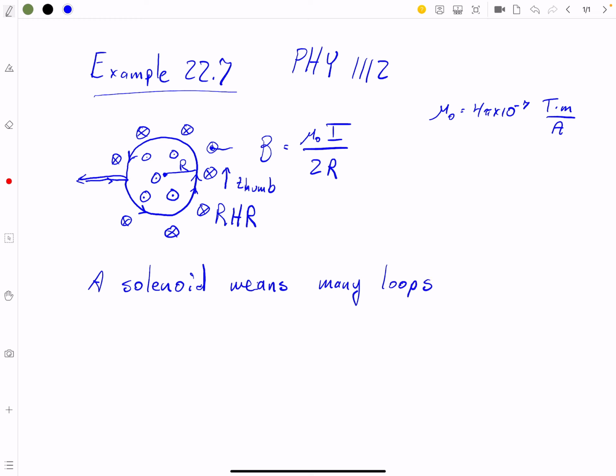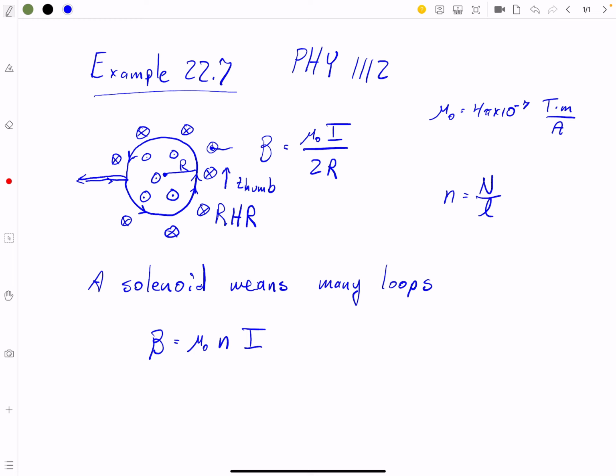And when we do that, we get that our B field is equal to our mu naught times the number of loops per unit length. So that's our number of loops per unit length times the current.